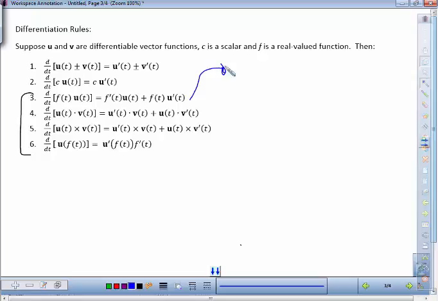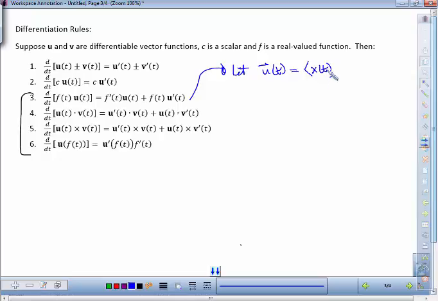And again, the approach for proving things like this would be to assume you have a generic function and a generic vector function. What we could do is do this component-wise, so let's focus on the thing that has components, the u vector. It's a vector function, so normally I call the components f, g, and h, but there's another f in there, so maybe I'll call it x of t.